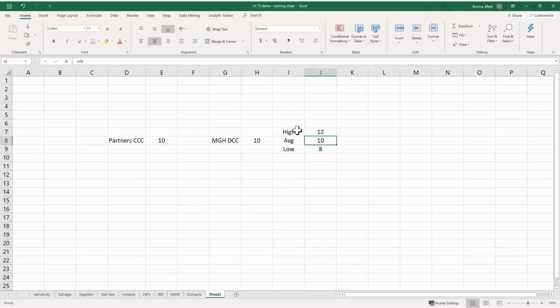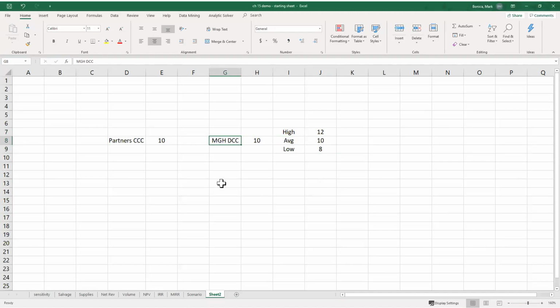If Mass Gen has a high-risk project, it adds 2 percentage points to the hurdle rate that it applies. Its average-risk projects get the same level as the parent division's cost of capital, and the low-risk projects get a reduced corporate cost of capital. So let's say that's Mass Gen.